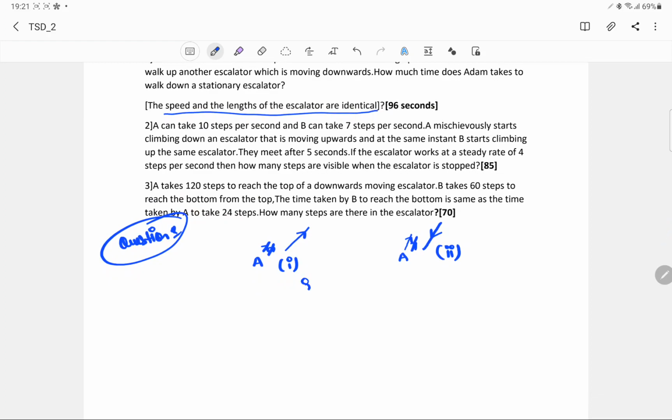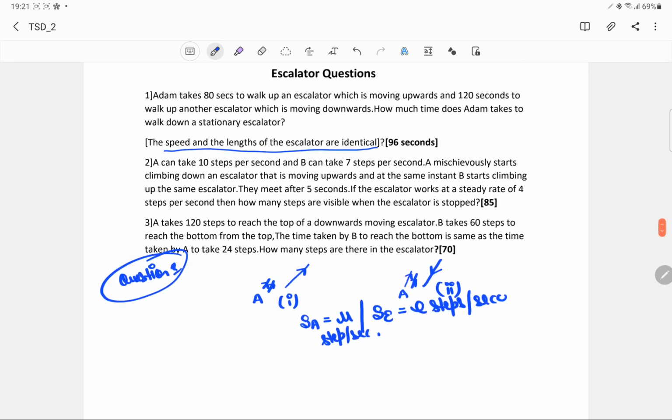So the speed of Adam is, say, u, and the speed of the escalator is, say, e. So e steps per second, and u steps per second. Now what should we do?